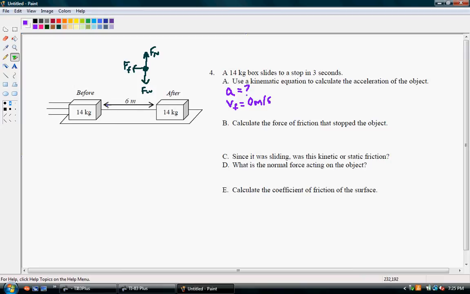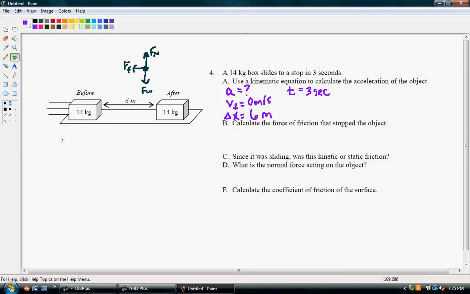And the delta x is 6 meters. And our time is 3 seconds, because it said it took 3 seconds to come to a stop. Alright, and we are missing our initial velocity altogether.